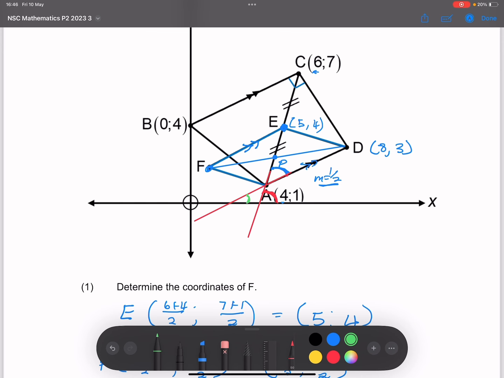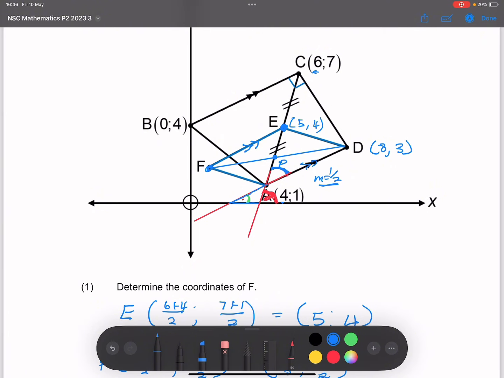Now, this red angle from the line AC would be an exterior angle of that triangle, which I'm going to show you in blue there.